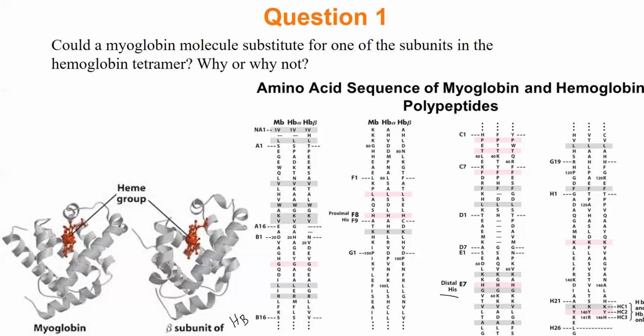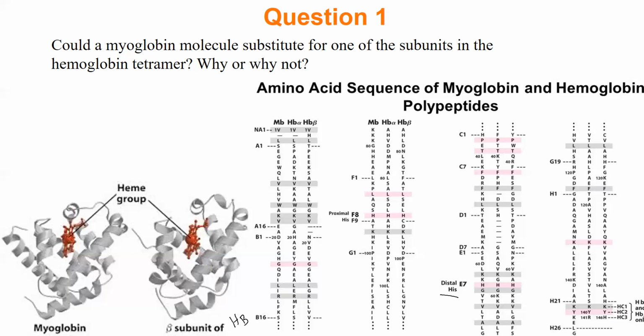So no, it would not, because you need all those amino acids there to have the same type of interaction, right? And even though myoglobin looks very similar to hemoglobin, because they basically have the same-ish function, it's very, very unlikely that all the critical amino acids that would need to line up to have that cooperativity would line up in the exact positions that they need to.